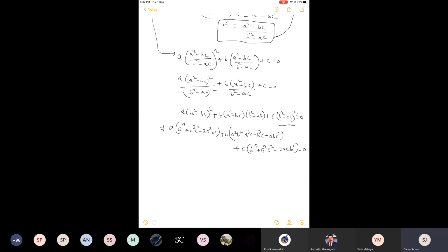Okay, so let us simplify and see what terms are present now. So this will be a to the power 5. Then next will be a b square c square. Be very careful while multiplying the terms. Then with b, this is a square b cube minus a cube bc minus b to the power 4c plus a b square c square. Finally, with c, it is b to the power 4c plus a square c cube minus 2a c square b square.